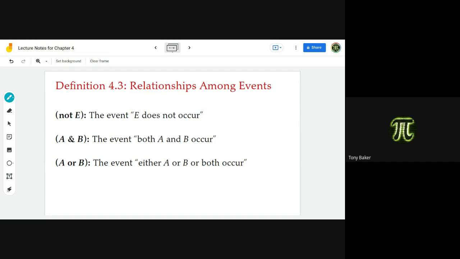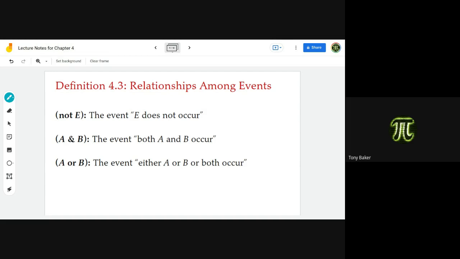If I took the not event and the actual event and I added them together, what would the probability be? Correct. That'd be everything. Sometimes, depending on what you're looking at, it's easier to find the not event than it is to find the event.